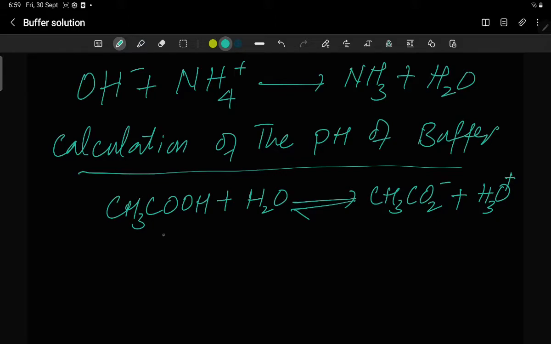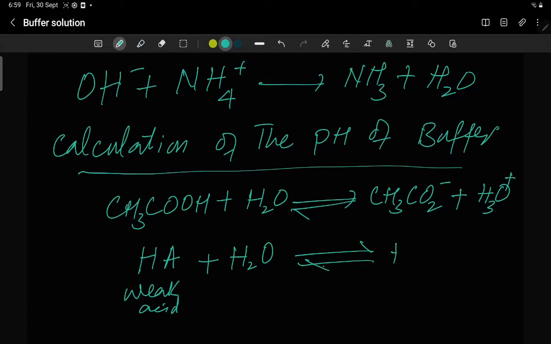Or we can use HA as the weak acid, for example, plus water to form H3O positive plus the conjugate base.